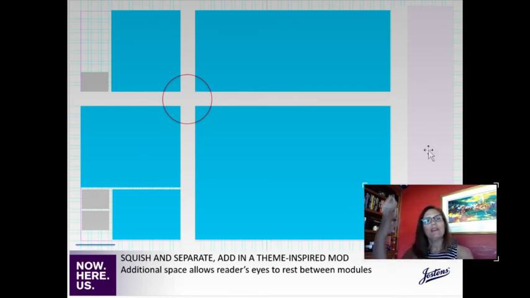And it's going to be in a consistent spot and have some consistent design elements to it. So this one is going down the side of the page as a sidebar. Sometimes you'll see it coming across the bottom of the page, across the top of the page. But somewhere you're going to probably put that theme-inspired design module.